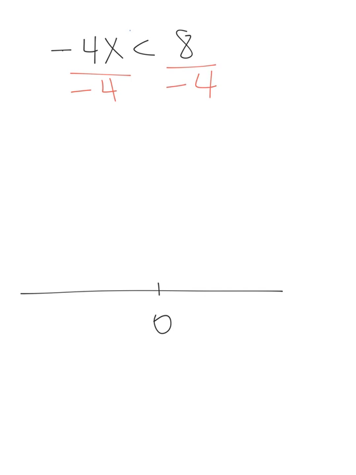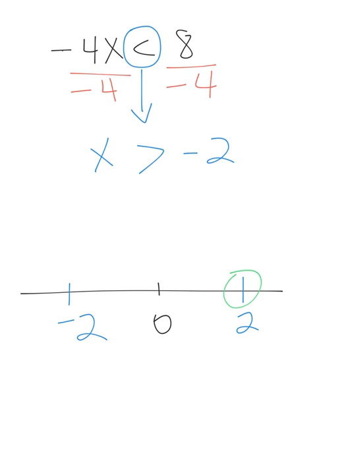However, I have to reverse the sign, and I have x is greater than -2. So I have, again, open circle. Oops, wrong side. Let me get rid of that. Got to go over here, -2. Need a new stylus. There you go, greater than -2. Okay. Hopefully this will help with your homework.